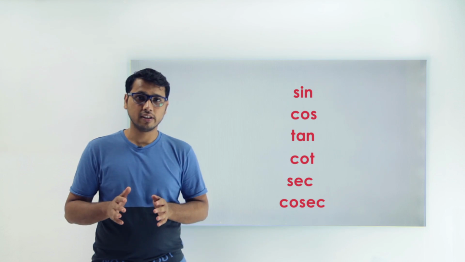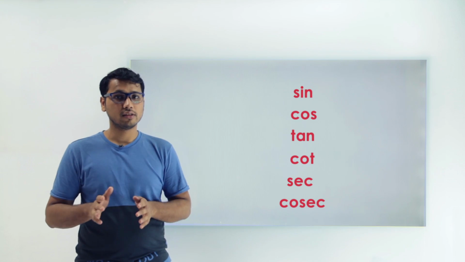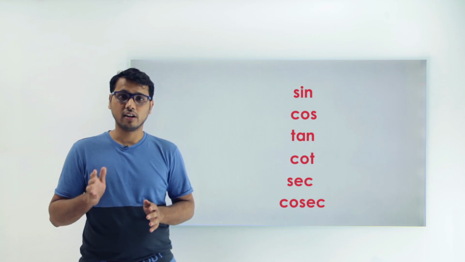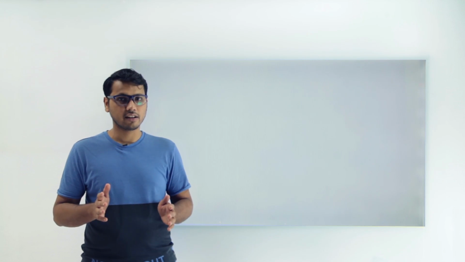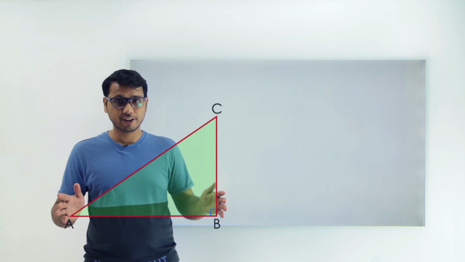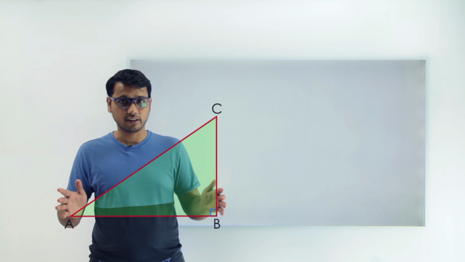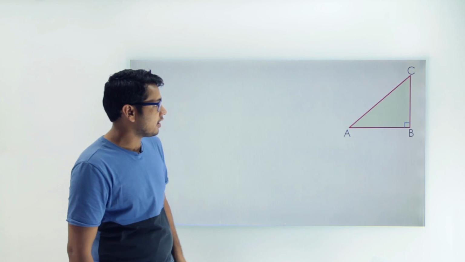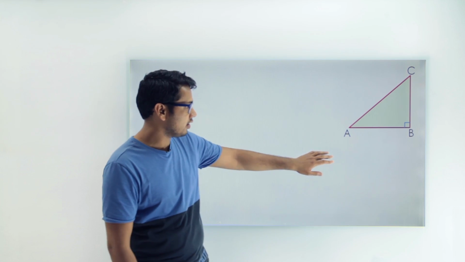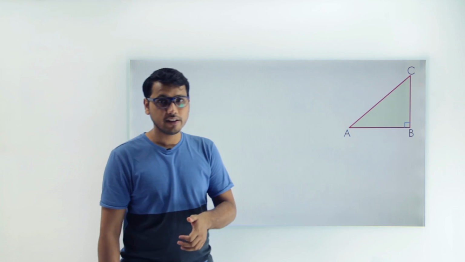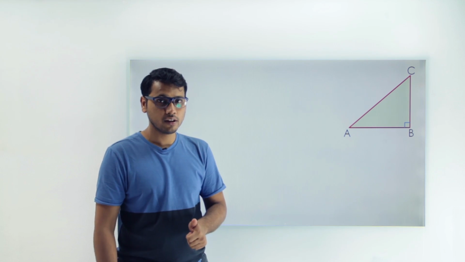So now let's understand all these 6 trigonometric ratios by using a right angle triangle. Let's consider our original triangle, triangle ABC, and try to understand the trigonometric ratios in this triangle. Now if I consider this triangle ABC, it is right angled at B. So can you tell me which side will be the hypotenuse?